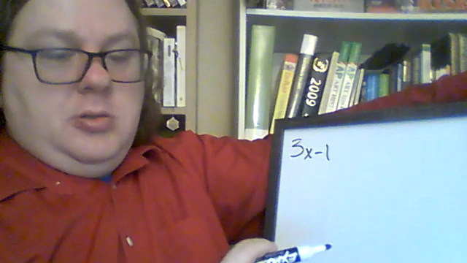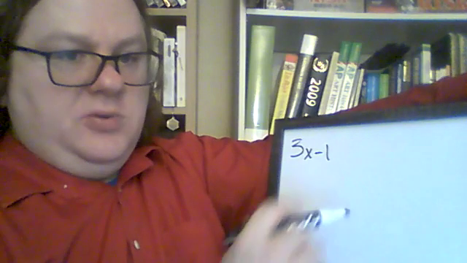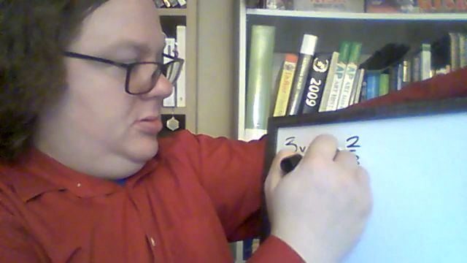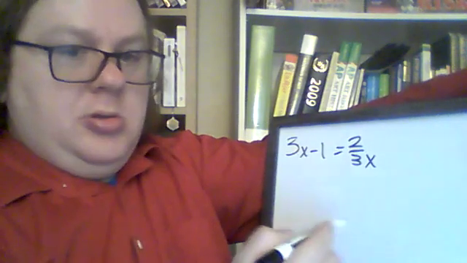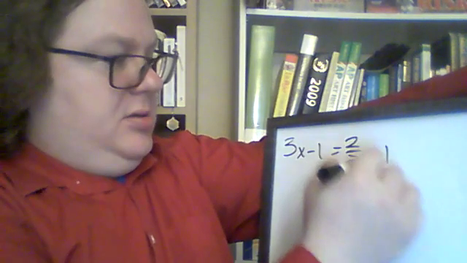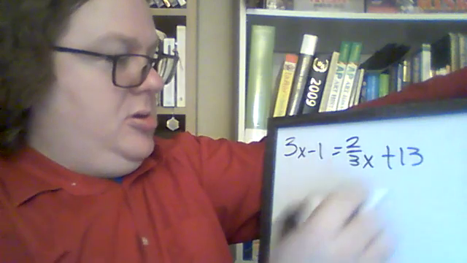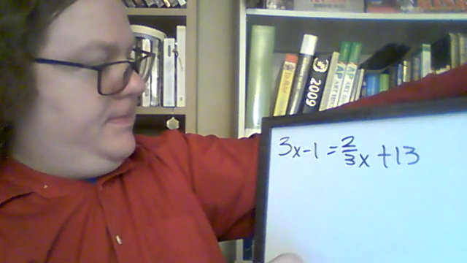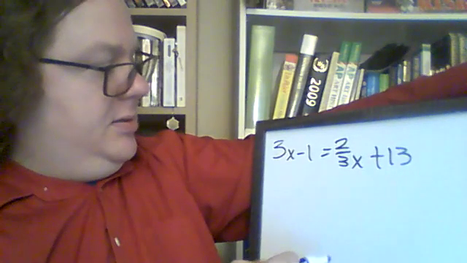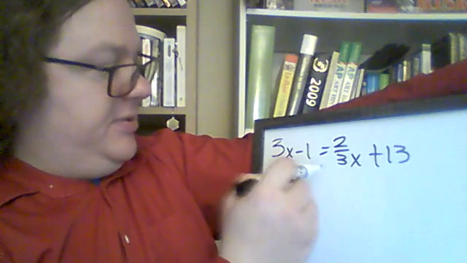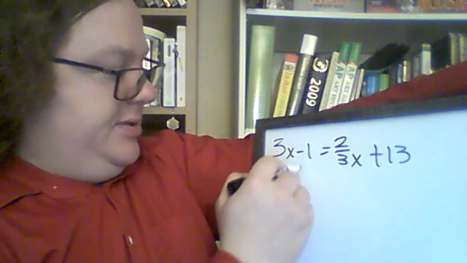Yet. Alright, this one's got a fraction. 3x minus 1 equals 2/3 x plus 13. Okay. I'm gonna start with this 1 first because it seems easier.